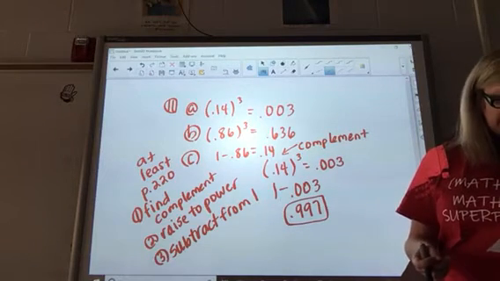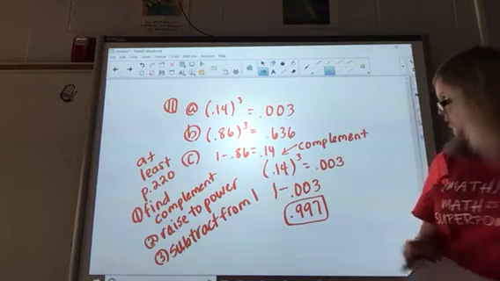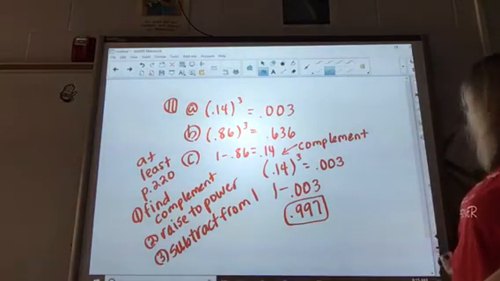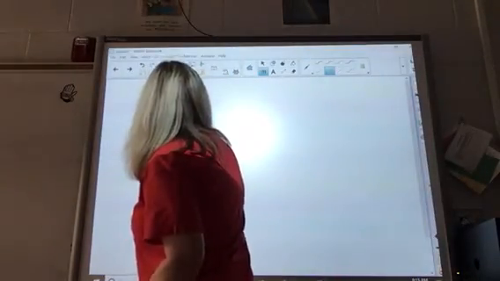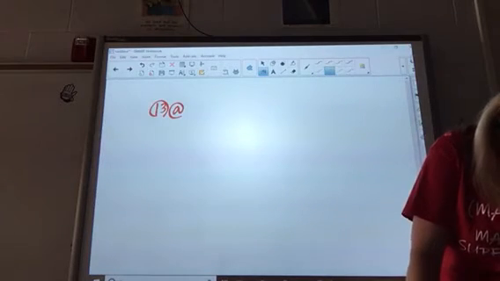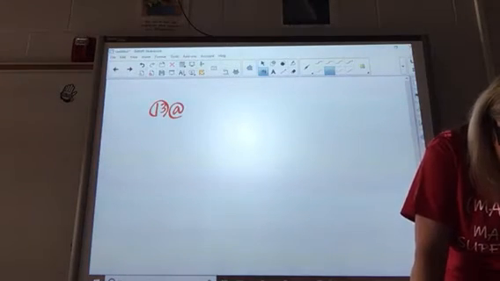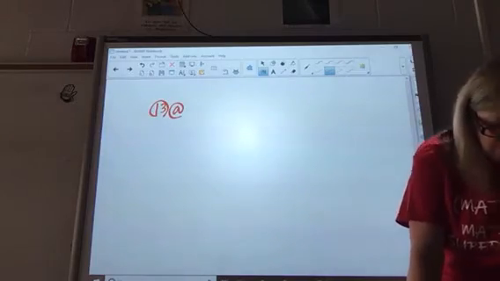Alright, we'll do another one like that before we stop. Let's jump to 13. Okay, 13 is talking about cards. 4 cards are drawn from a deck without replacement, so these are dependent events. Find the probability.